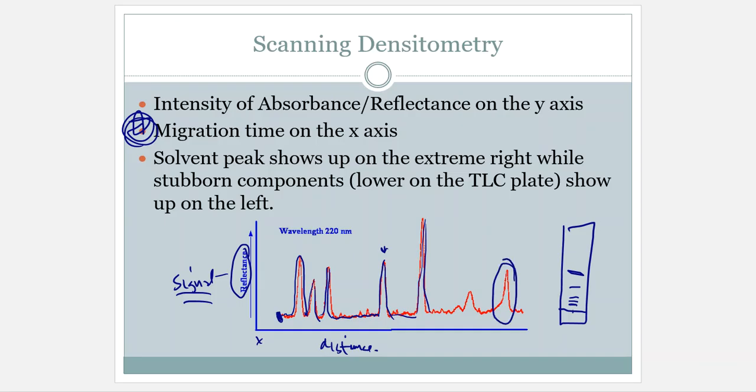As we've talked about before, the one on the right-hand side, folks, that is our mobile phase band. Our mobile phases do absorb UV radiation. Very often they do, because we are using things like ethyl acetate and toluene and acetones. Unless they're just straight up alcohols, they are going to show absorbance. The alcohols are not going to show hardly any absorbance.